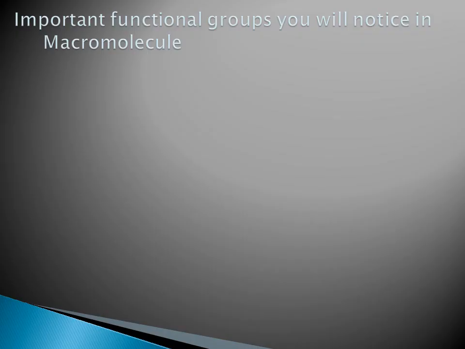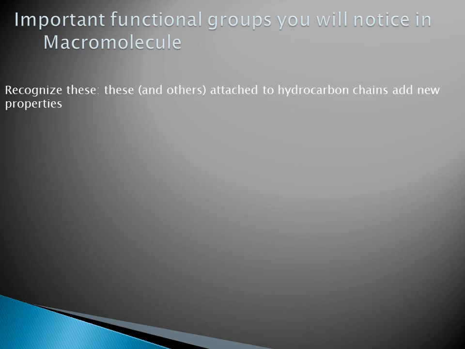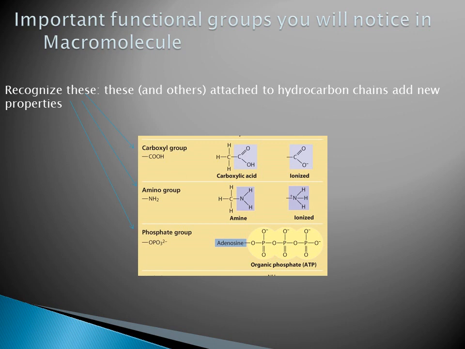So we can look at a couple functional groups. There are many different types of functional groups. We're just going to identify 3 of them that we'll notice throughout the biological molecules that we look at. So you want to recognize these. These are attached to hydrocarbon chains to add these new properties. These new properties we call hydrophilic, and make them soluble, make them more reactive. As you go forward, you'll notice carboxyl groups or carboxylic acid groups.